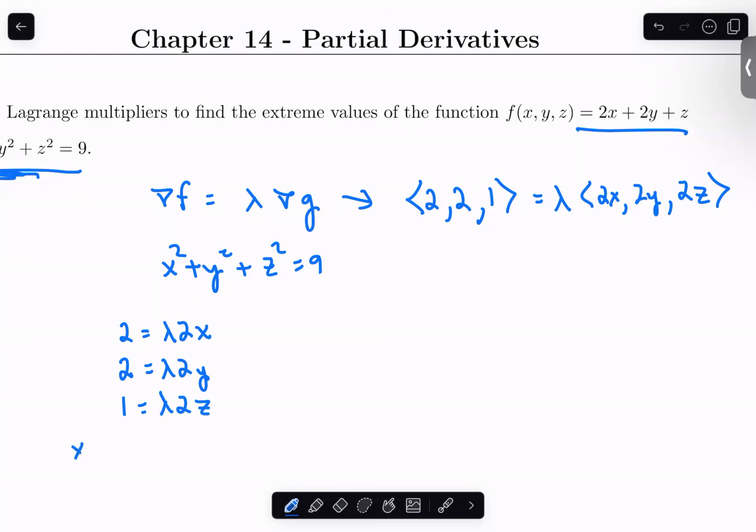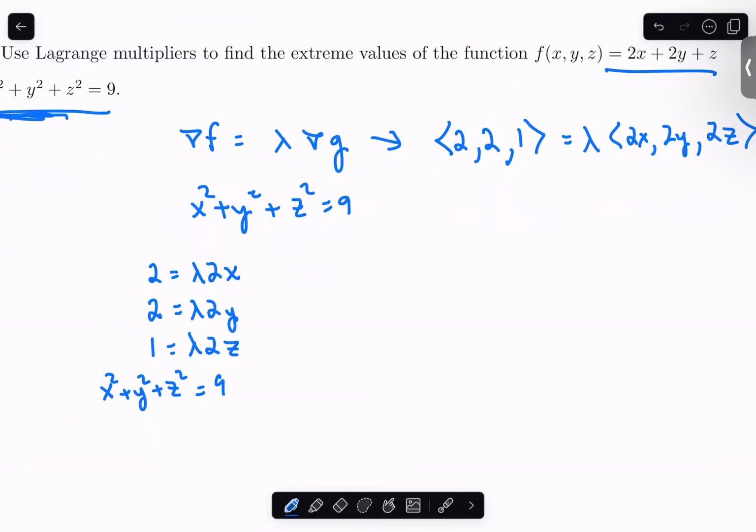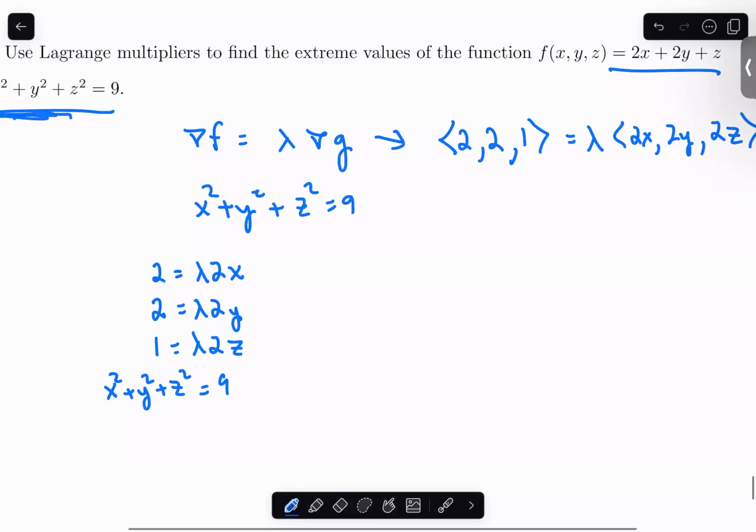And then finally, I have my constraint equation, x squared plus y squared plus z squared ought to equal 9. So this is my setup, my system of equations. Notice that I have 4 unknowns. I don't know what x is, I don't know what y is, I don't know what z is, and I don't know what lambda is. But luckily, I have 4 equations to try to help me solve this.